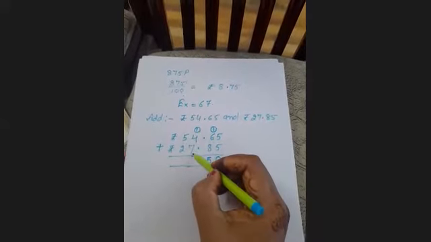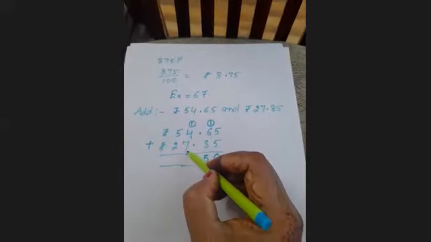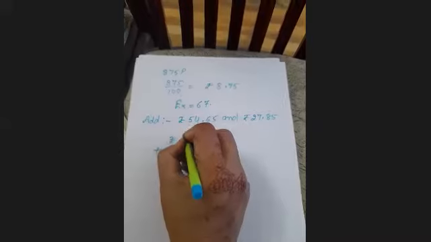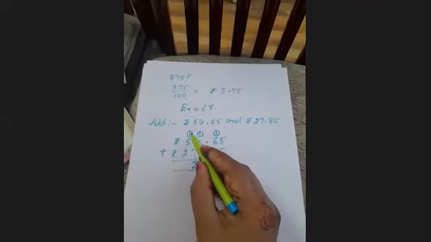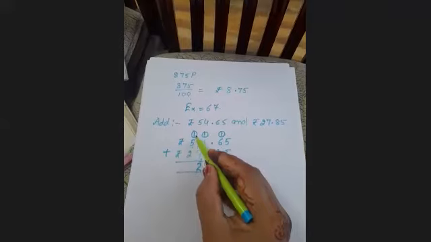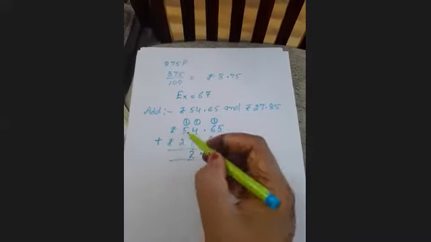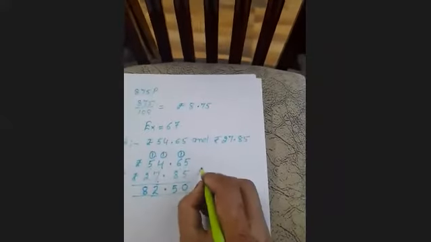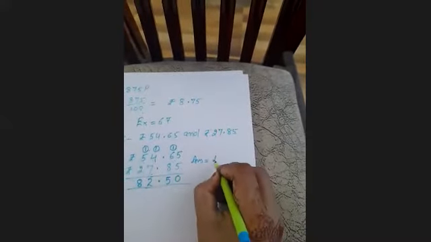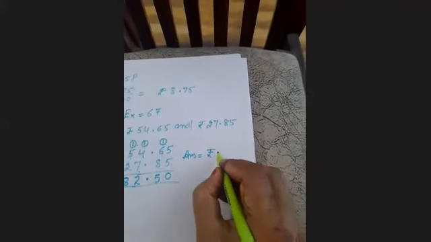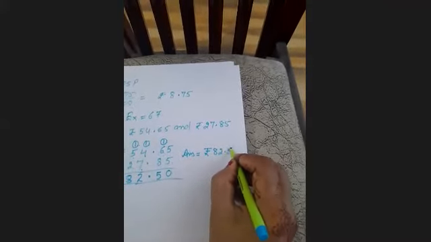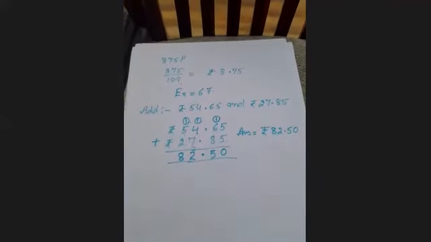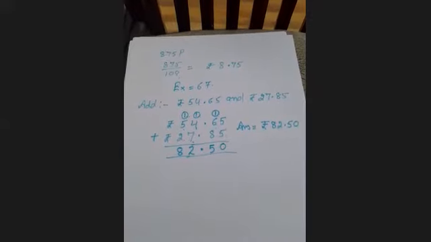And 5 plus 7 is 12. So write here 2 and carry 1. 5 plus 1, 6. And 6 plus 2 is 8. So our answer is rupees 82 and 50 paise. Clear, students?